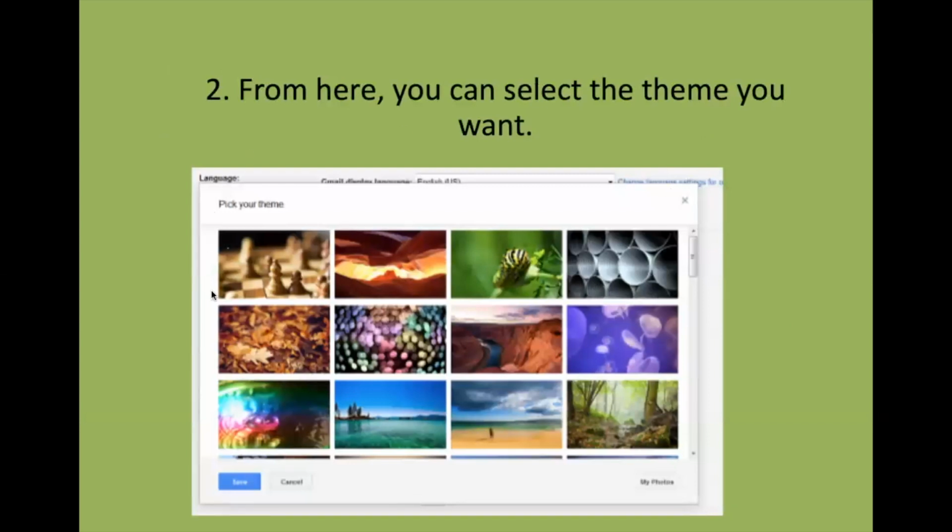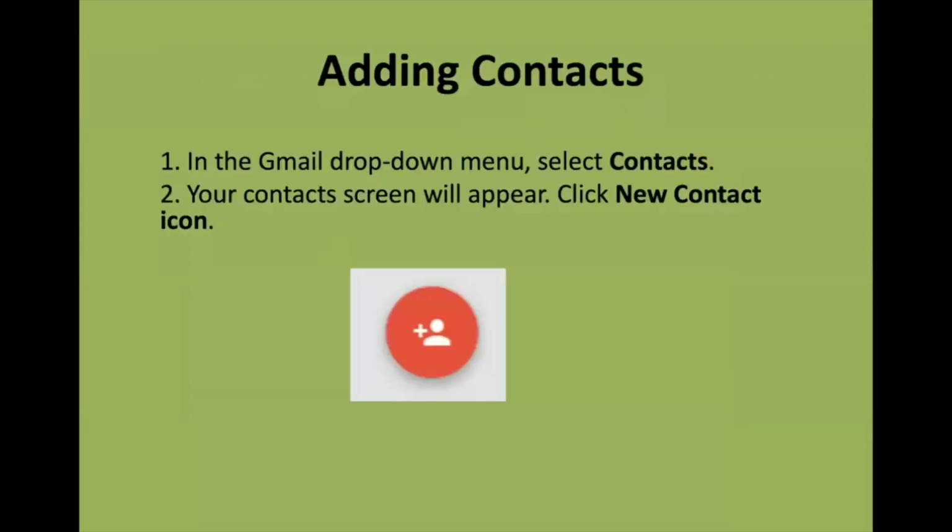And when you click on there, you can choose theme, and then you can pick your theme if you want to be fun. So I usually change this all the time, but you just select which one you want and then hit save. And when I log into my account here in a few minutes, you'll see what I currently have it set to, and we'll play with it just for fun, and you can see.